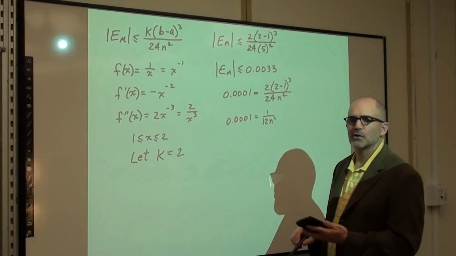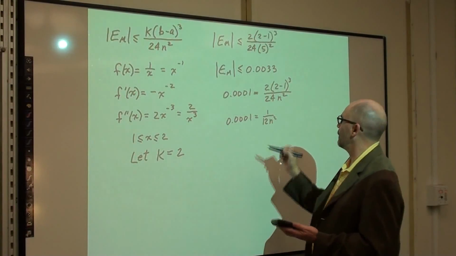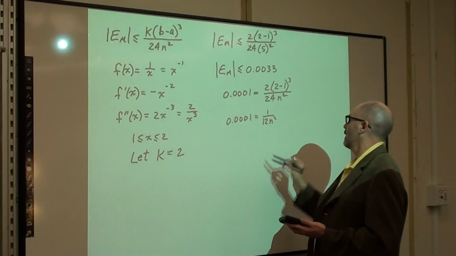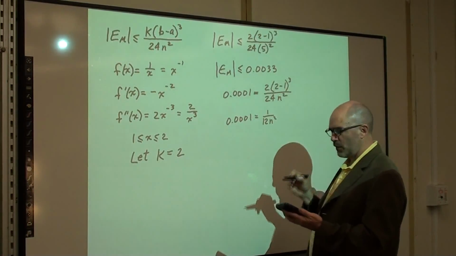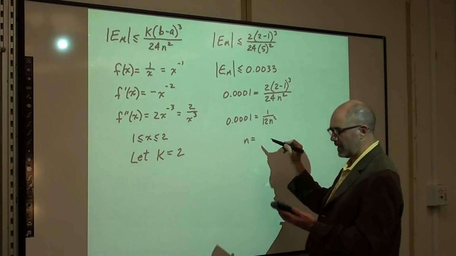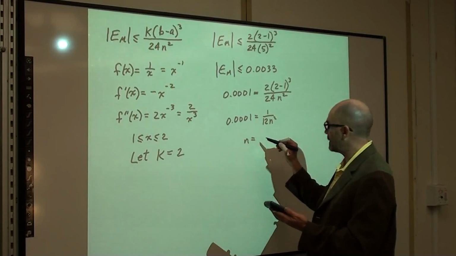I would edit this, but you guys are used to me screwing up. So, okay, all you do here is multiply the 12 over, then reciprocate the whole thing in the calculator, take the square root of the whole thing, and n ends up being 28.867.